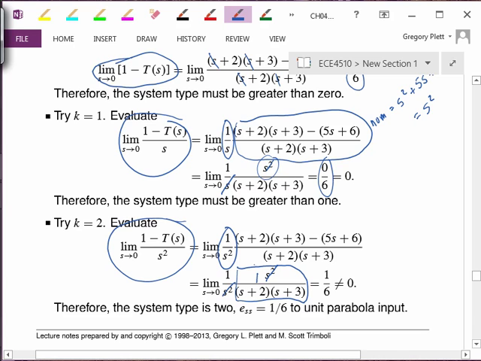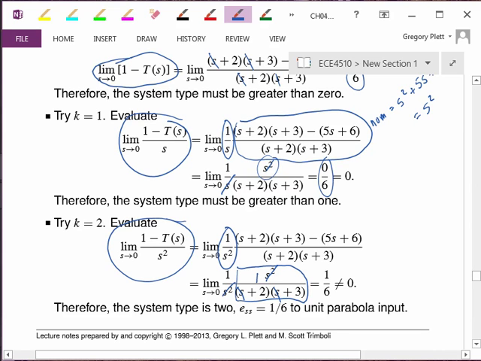So my numerator is now 1. My denominator is (s plus 2)(s plus 3). As s goes to 0, that goes to 0, that goes to 0. My numerator is 1, my denominator is 6, and that is not equal to 0. So I have a system type which is type 2, and I have a steady state error of 1/6 to a unit parabola input.